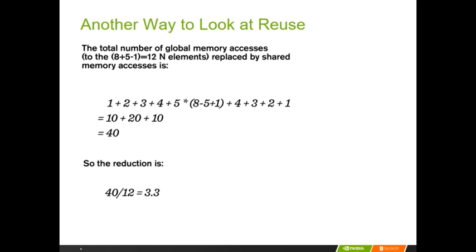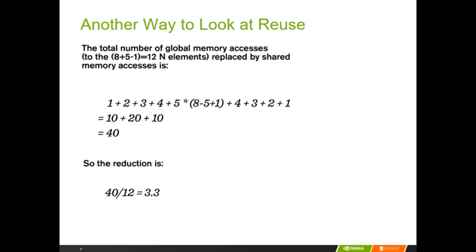So it's 5 times (a minus 5 plus 1). And then we have 4 times, 3 times, 2 times, and 1 time for the trailing elements in the input tile. If we add up all these numbers, we get 40.